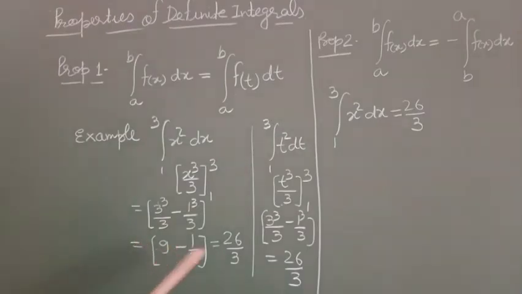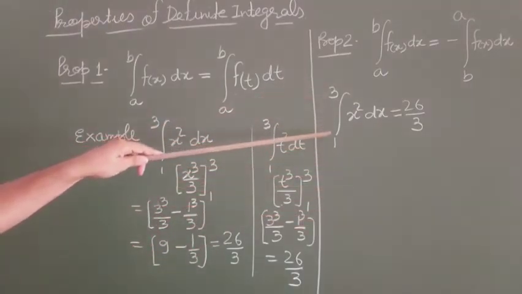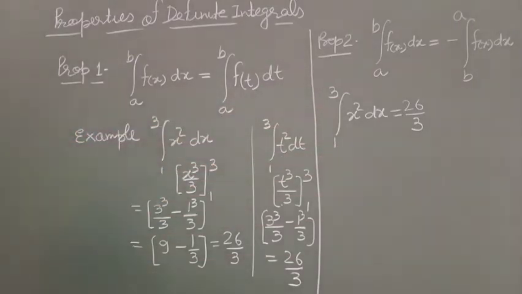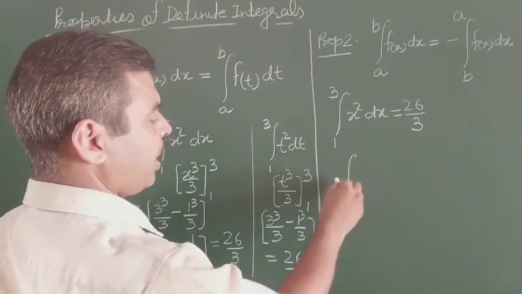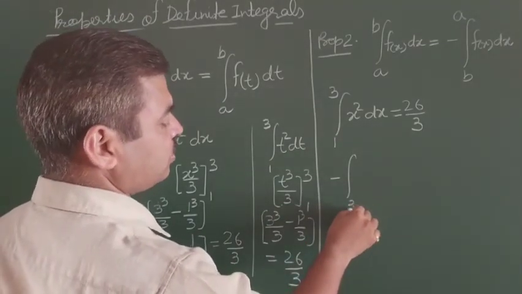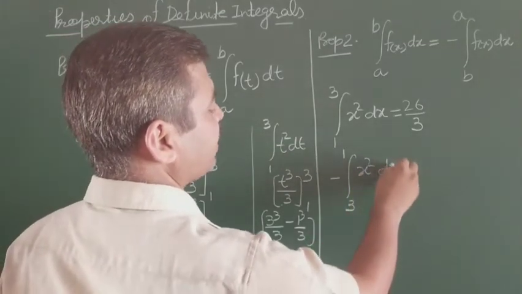Now students, I am going to change the position of the limits. Lower limit will be upper and upper limit will be lower. Then I put a minus sign here, and now limits are 3 to 1, x square dx.